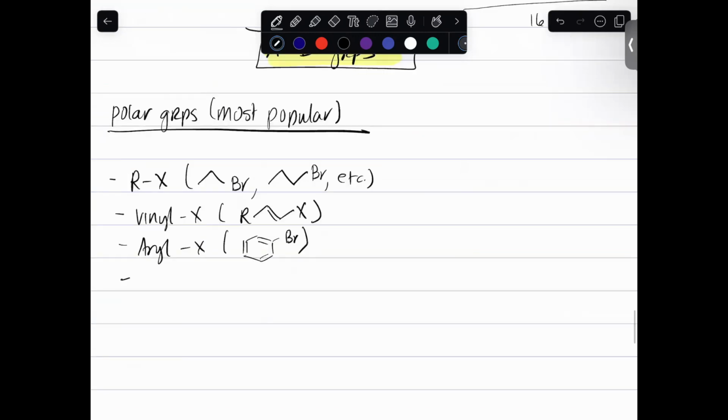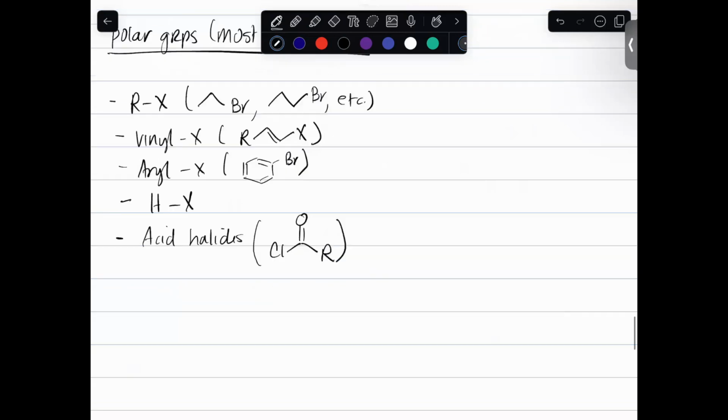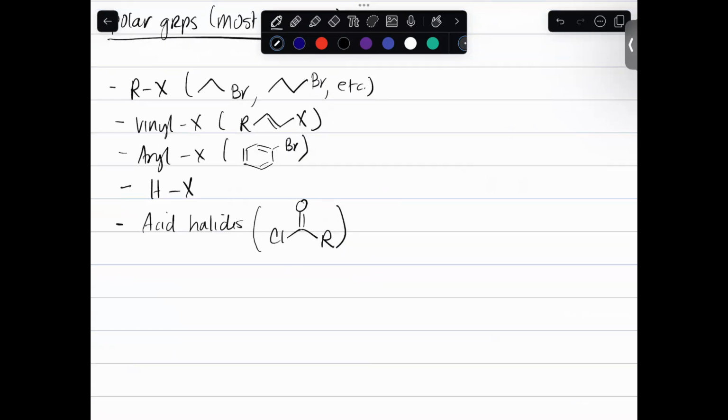You can actually use specific halogen acids. You can also use acid halides.